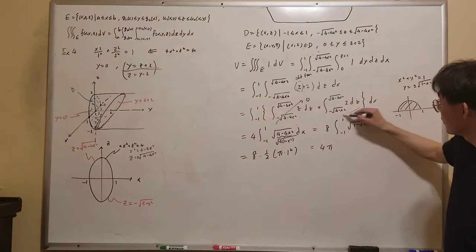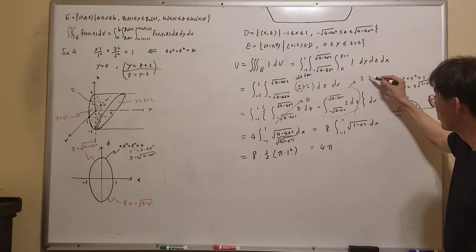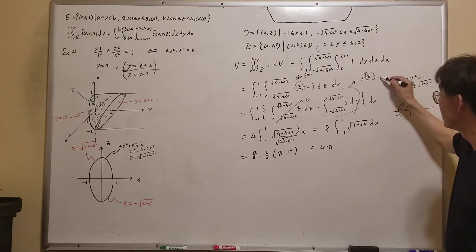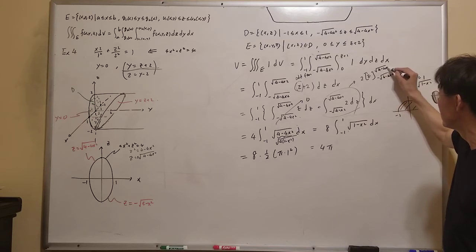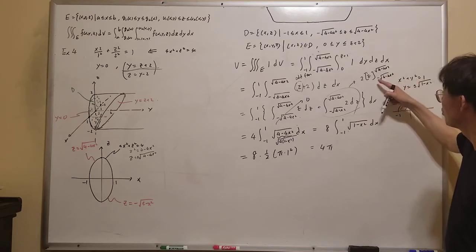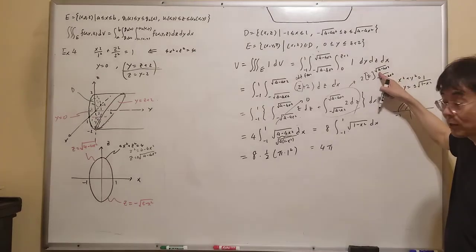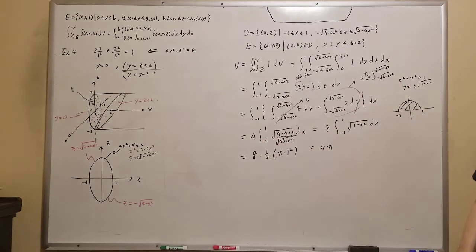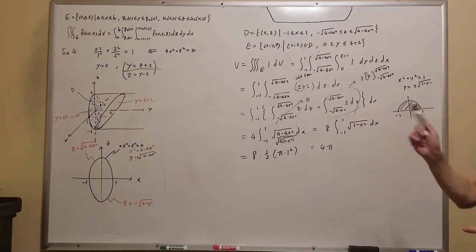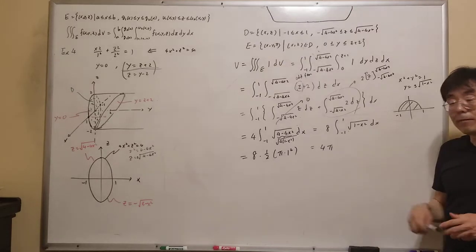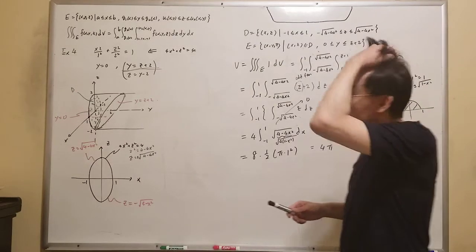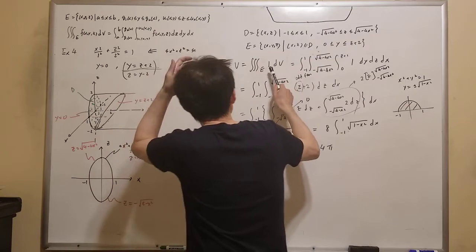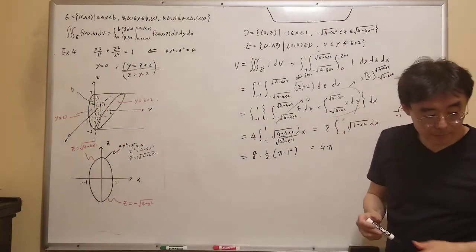Now, you remember that this one is 2z. That's why this one is minus 2 times square root of 4 minus 4x squared. Another 2, that's why you got 4. Okay. So that was type 3. Finding volume means triple integral of constant function 1 over the region.